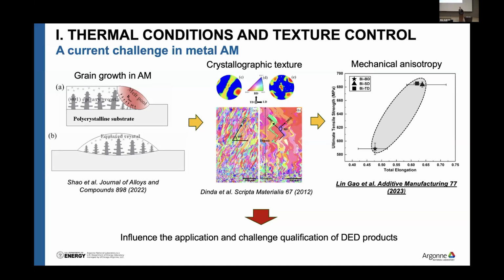And because of the crystallographic texture, the additive manufacturing product will typically show a very strong mechanical anisotropy, which means that if you load the sample along different directions, you may get quite different mechanical properties. So it definitely influences the application and the qualification of additive manufacturing products.